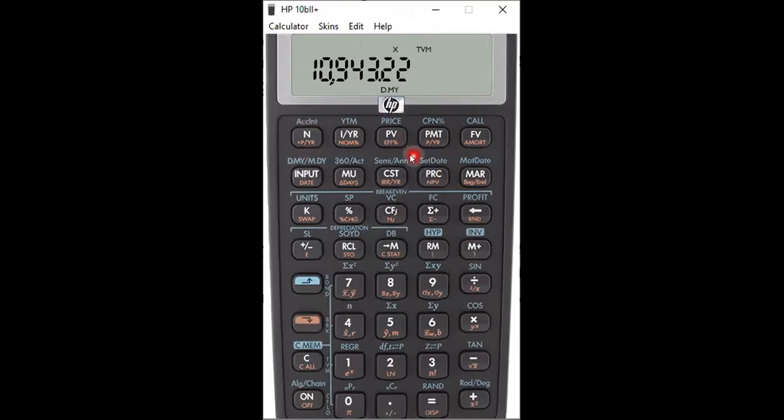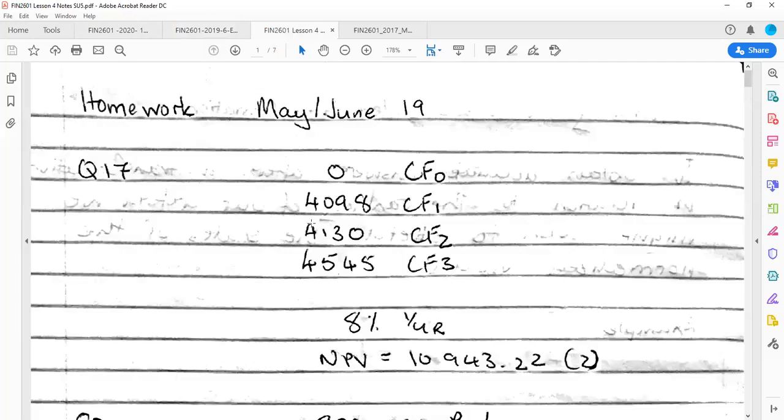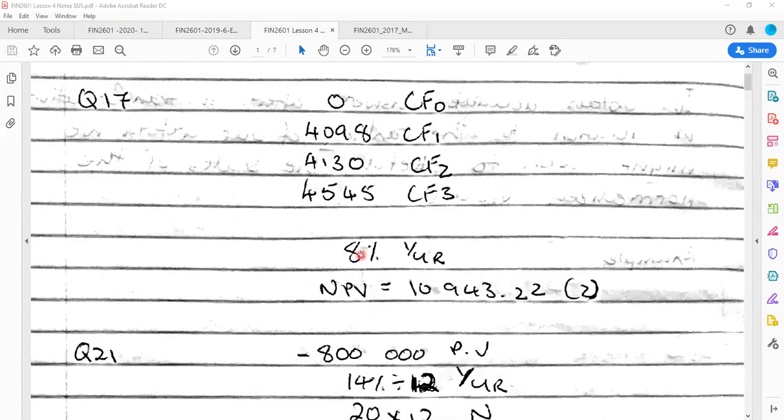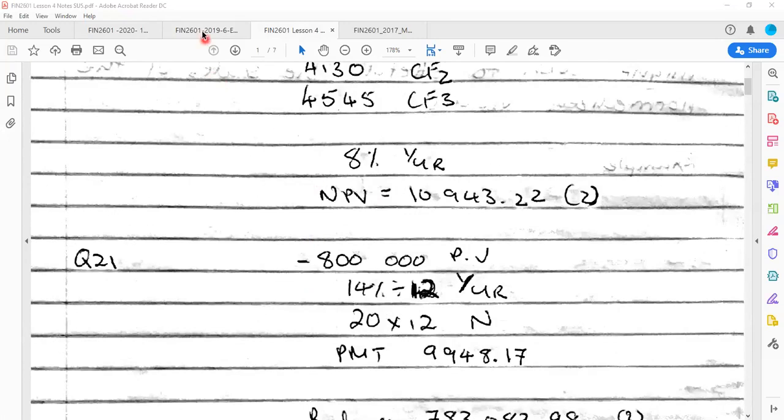So we get 10,943.22, which is option 2. That's the present value of these cash flows, and the calculation is up here. So you would use your financial calculator.